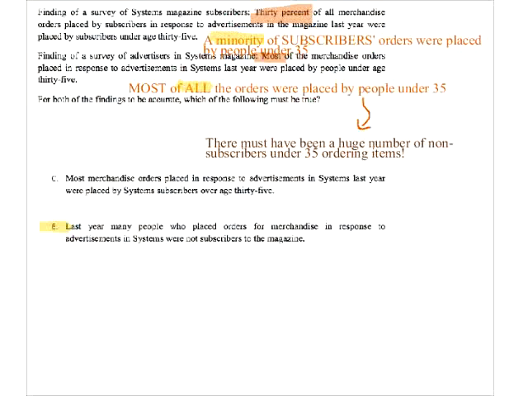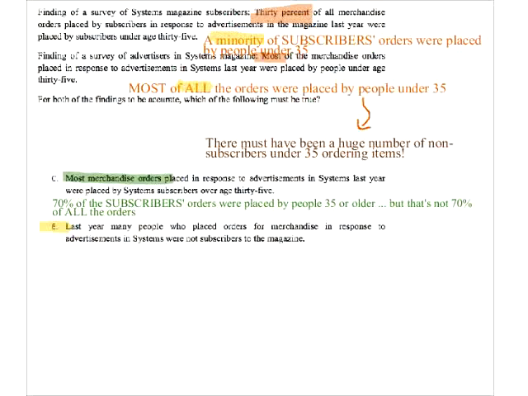And that's the problem. That's not 70% of all the orders. Because this is not just subscribers, this is most of the orders, and we don't know that. If you look at just the set of orders placed by people who subscribe to the magazine, then that's 70% of that smaller group. But if there are a huge number of non-subscribers, which in fact there have to be, then that could substantially lower that percentage overall.